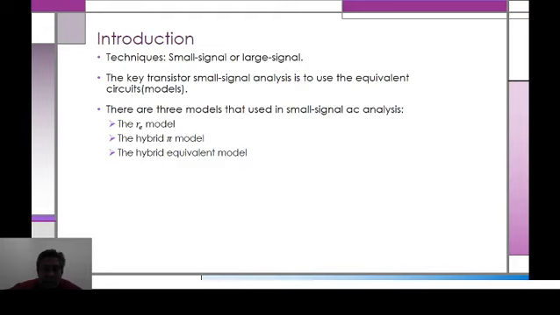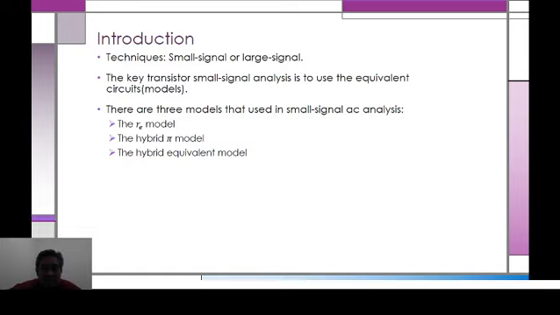As you can see in the slides, AC analysis is a technique for small signals or large signals, and the key to transistor small signal analysis is to use an equivalent circuit model. There are three models that can be used in small signal AC analysis.